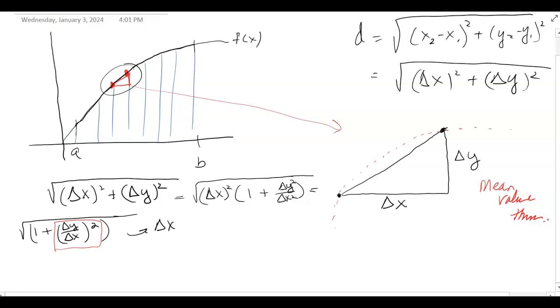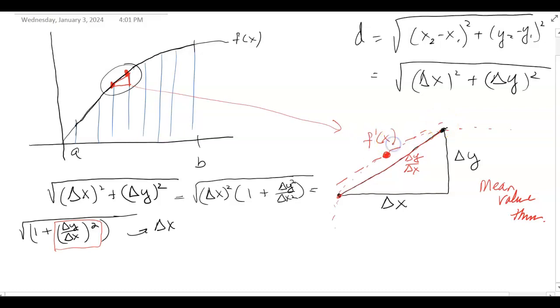The mean value theorem basically states that between any two points, the slope of this line is obviously change in y over change in x, the slope, not the distance, there exists a point somewhere that has the exact same slope.